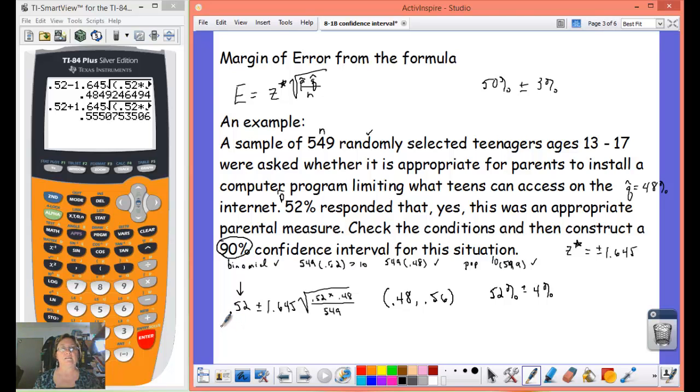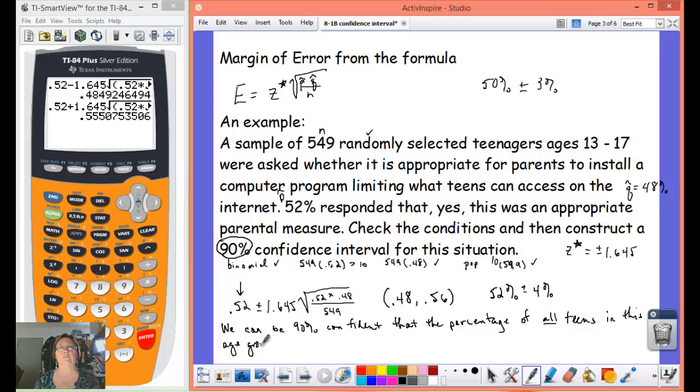However, what we are saying is we can be 90% confident that the population proportion, or that the proportion or percentage, whichever way you want to say it, of all teens, okay, of all teens in this age group who believe it's okay for parents to limit internet access.